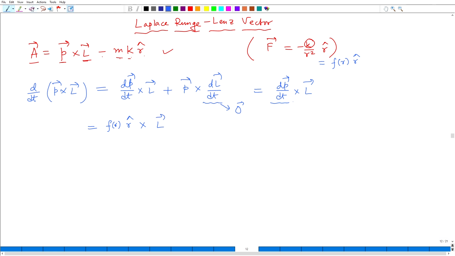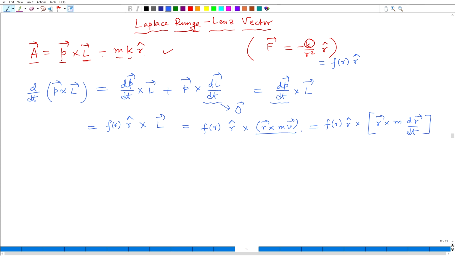Now, instead of L, I can also write r cross m v. So, this is L, that I can write. I can write f of r times r cap cross r cross m dr/dt.